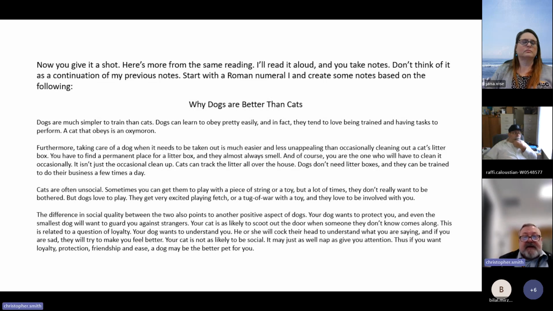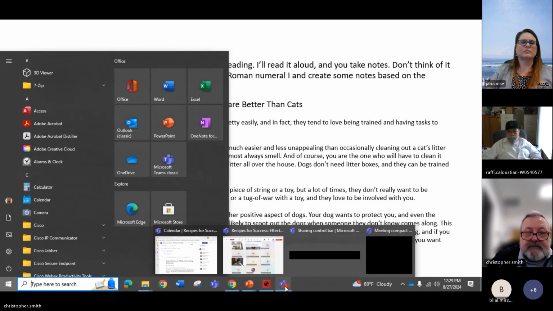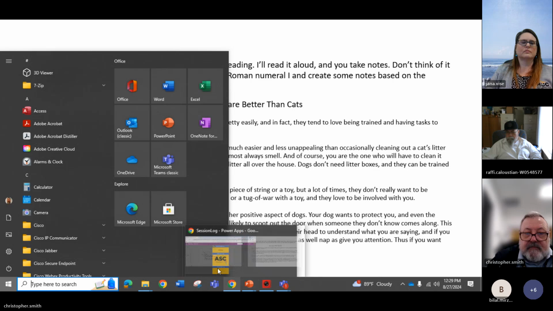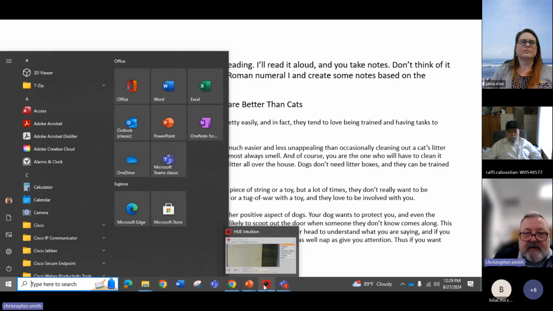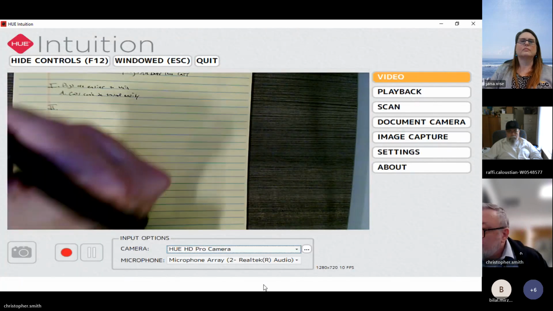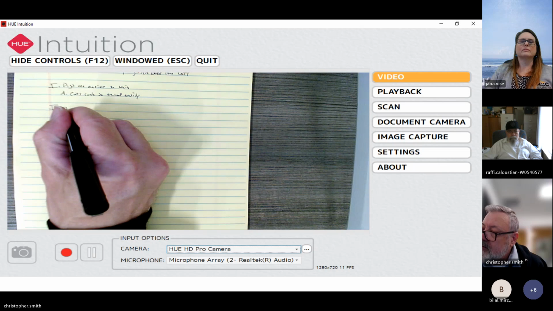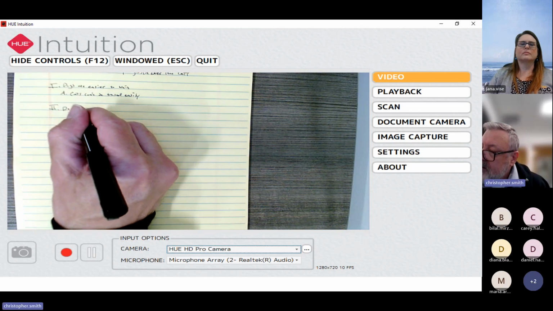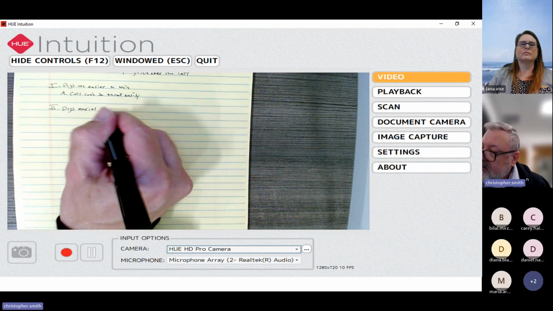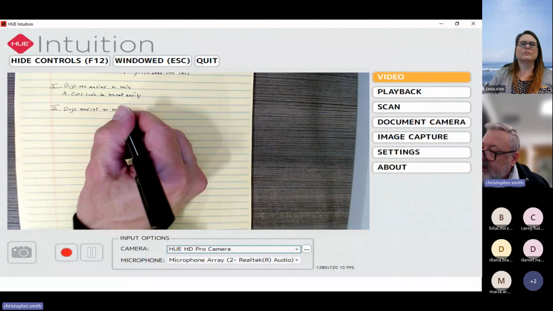Our second paragraph is on taking care of a dog. Yeah. And so we can go with: dogs easier to take care of.